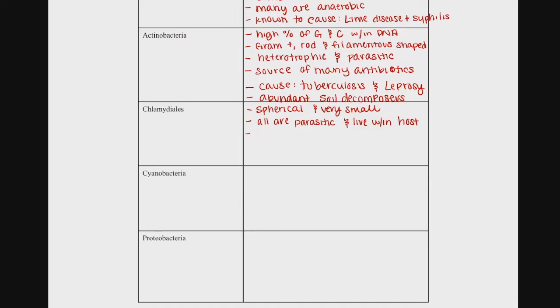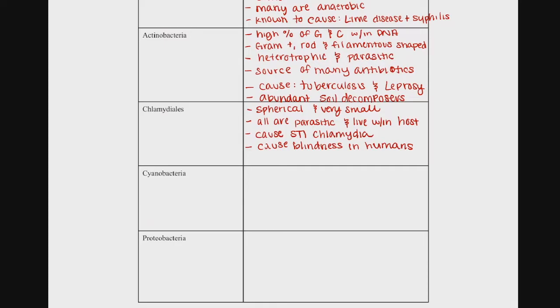They cause chlamydia, the STD, or STI, I prefer to say. It's also the most common cause of blindness, actually, in humans. So not the most fun bacteria to be around as a human.